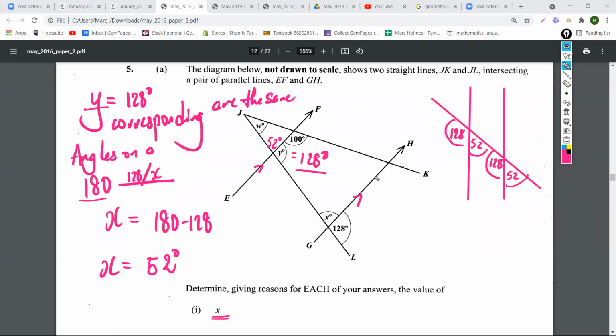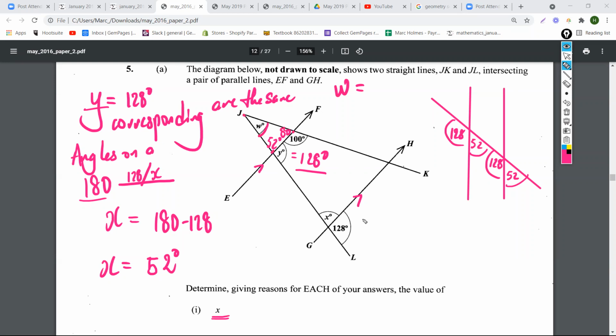Yeah, makes sense. All right, so now they ask you to find W, and that one is going to be really easy now. We need to find W, which is right here. So guys, it's a triangle, as you can see, from here to here to here. And here's 52, like I said. This corresponding angle here should be 80 degrees because 80 plus 100 gives you 180.